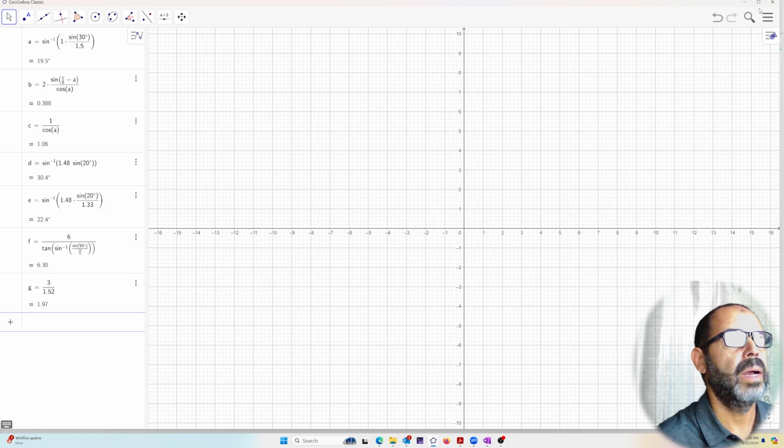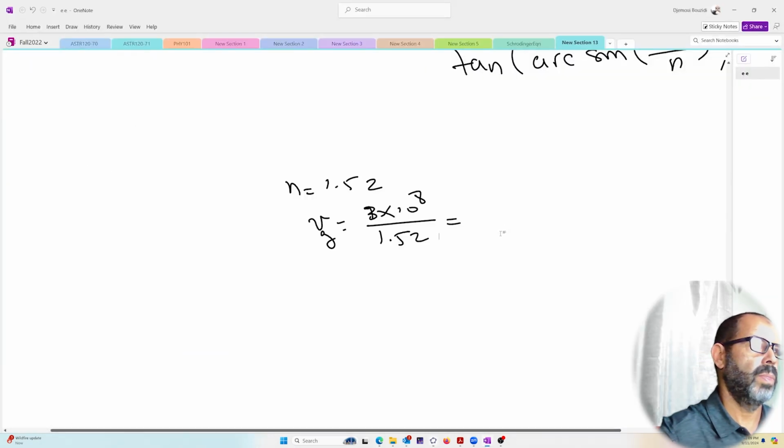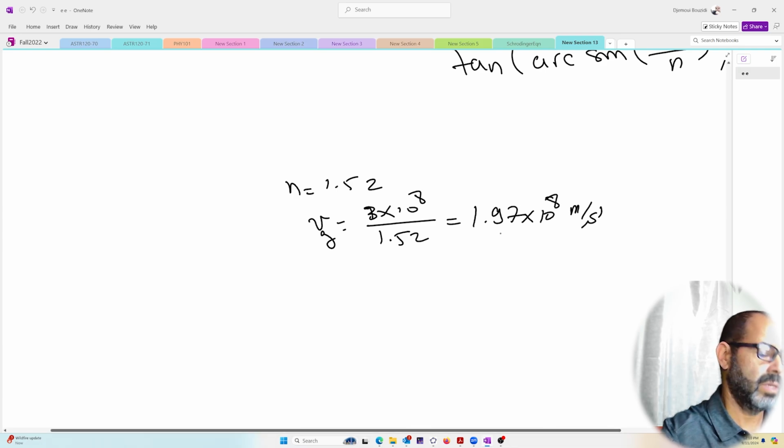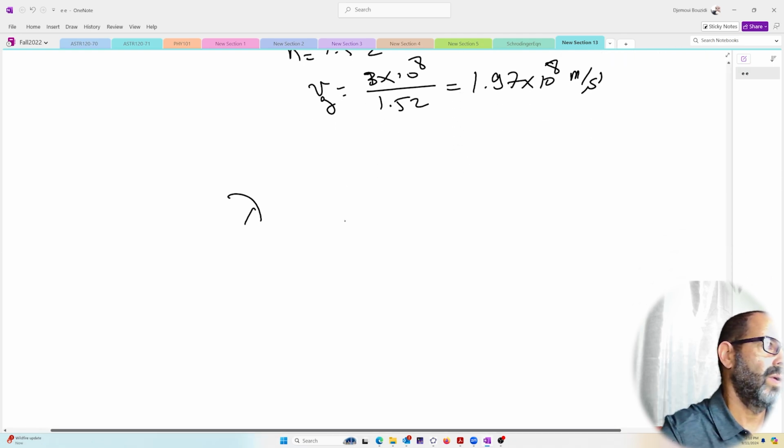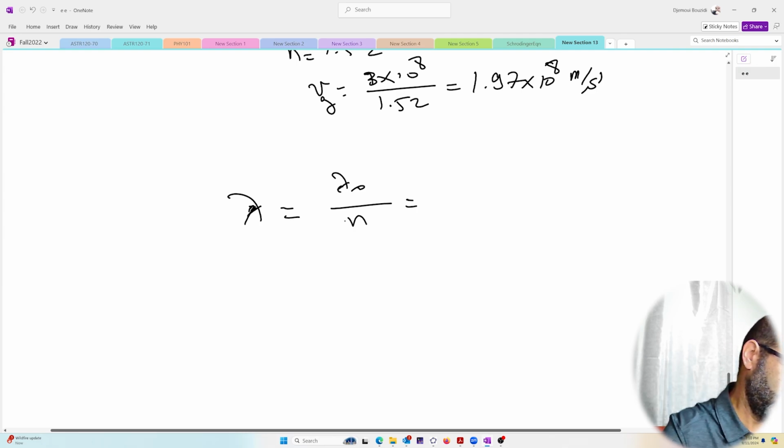1.97 times 10 to the power 8 meters per second. So that's the first question. The wavelength is going to be equal to lambda naught divided by n. They give us the wavelength, which is 589 nanometers.